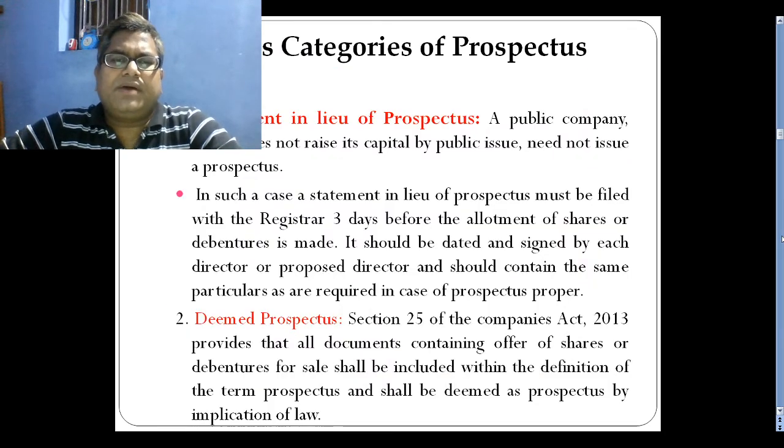If you talk about the various categories of prospectus, the first is a statement in lieu of a prospectus.